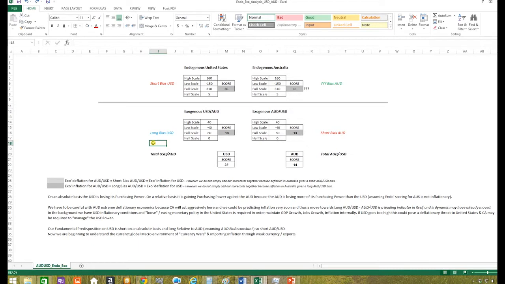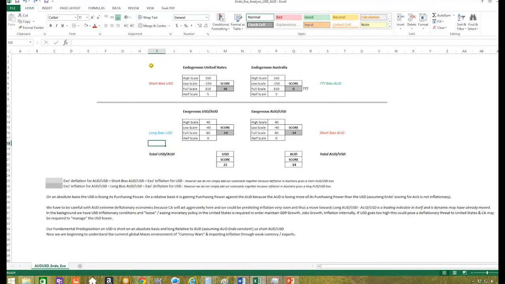What we're simply doing is gauging the contribution through our bias. So we know through our bias that the contribution is negative, and that our long bias is cancelling out some of our short bias that we have from previously, from our endogenous analysis.